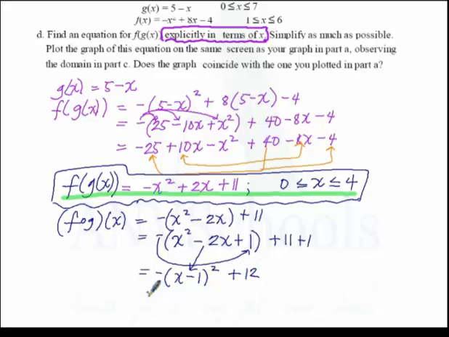Now we have a vertex occurring at (1, 12).